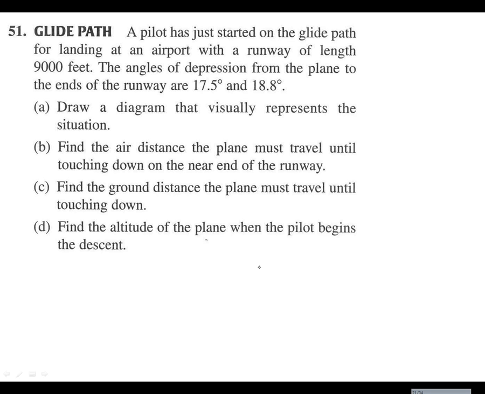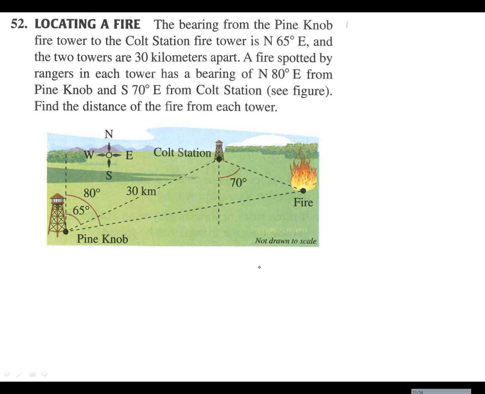Two to go here, 52. Let's locate this fire. All right, so they give us some information, 80 degrees from here to here, 65 from here to here. I'm just going to right away figure out that this angle here is 15. Do the subtraction. And we've got 70 degrees. If I were to make a right angle, that makes this 20.